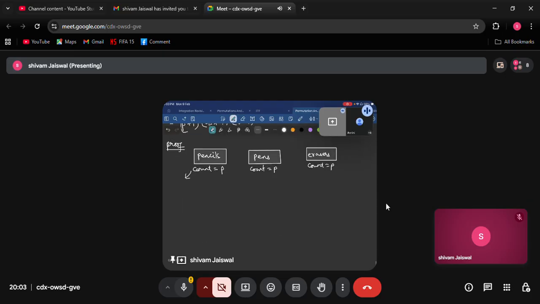When you go to shop 1, pencils, either you will select 0 pencils, or 1 pencil, or 2 pencils, or 3 pencils, or P pencils. So total how many ways? Tell me everyone. In how many ways can you select the pencils? P plus 1. P plus 1.